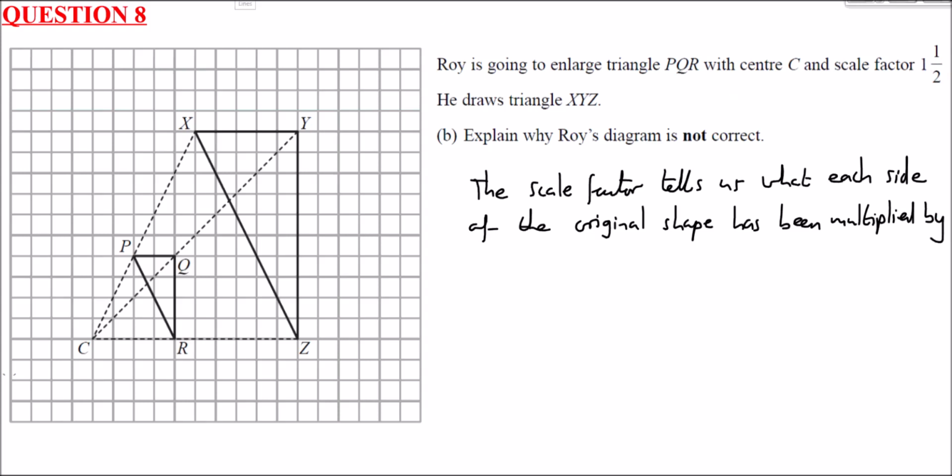So let's have a look at PQ. So PQ equals 2 units. And that corresponds to XY. 1, 2, 3, 4, 5. XY is 5 units.